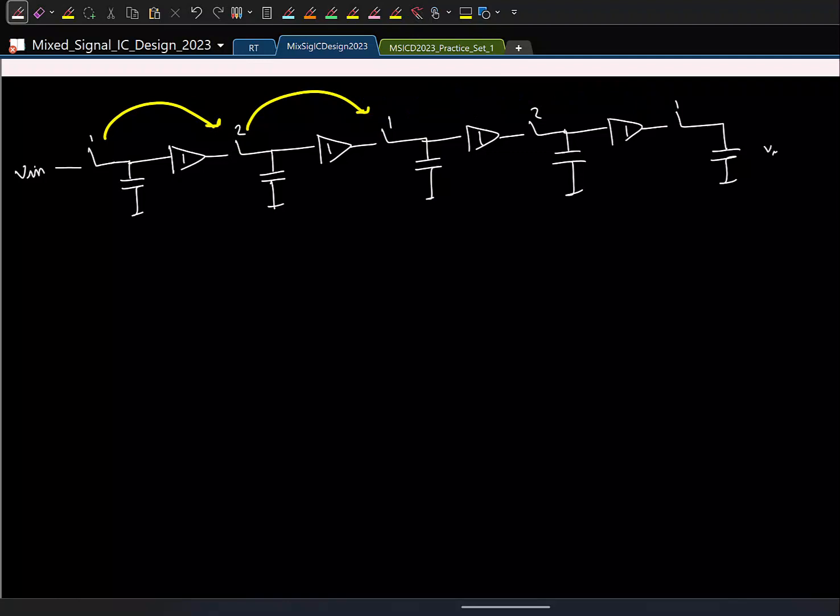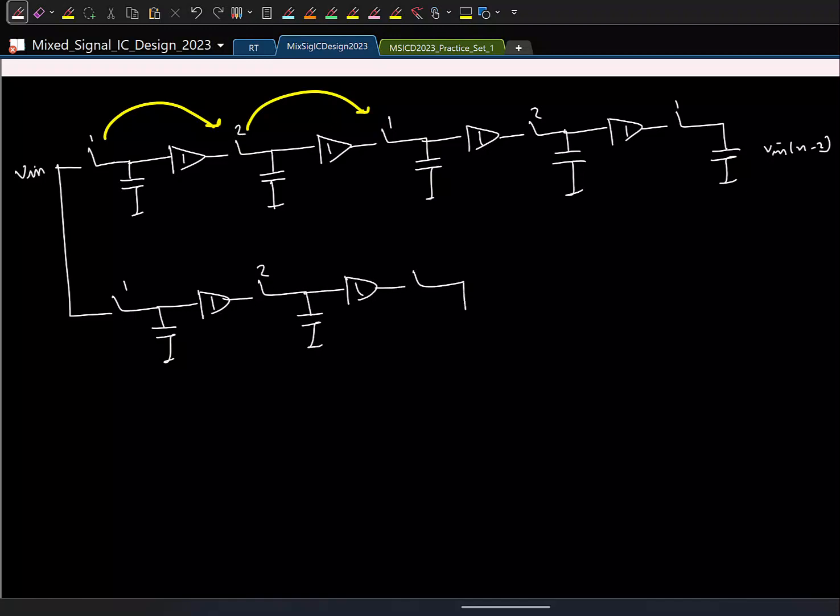So this is basically V of n minus 2. Right? So let's say I also do this. So what will be this guy? N minus 1. Okay. Fine.